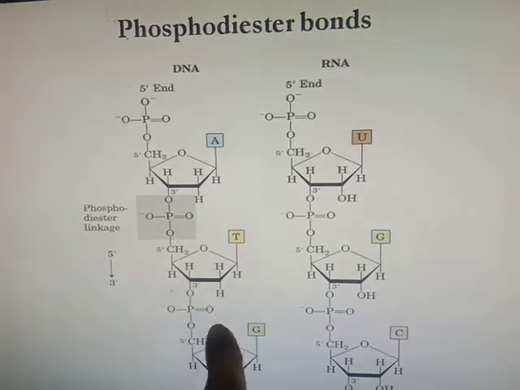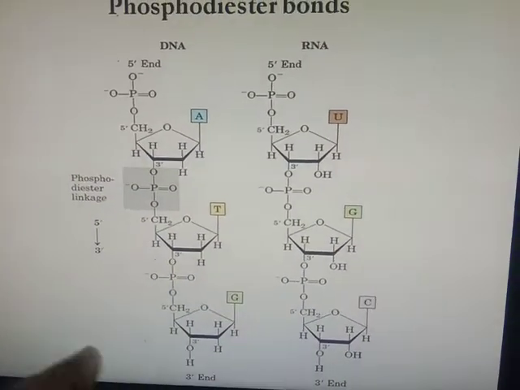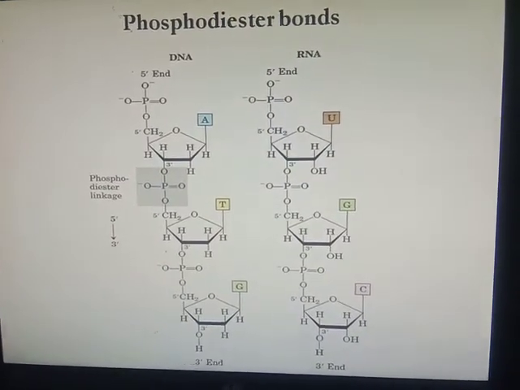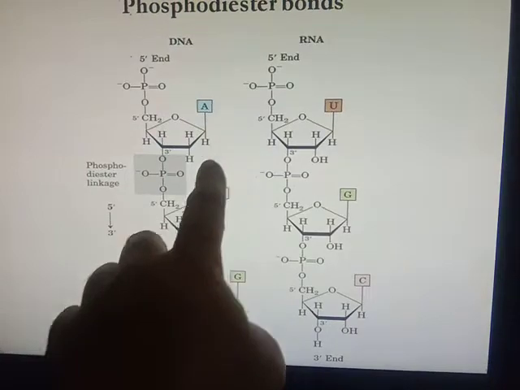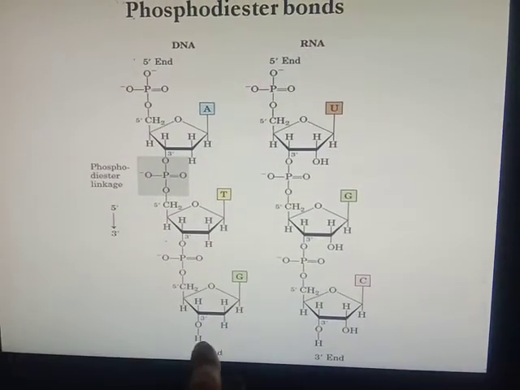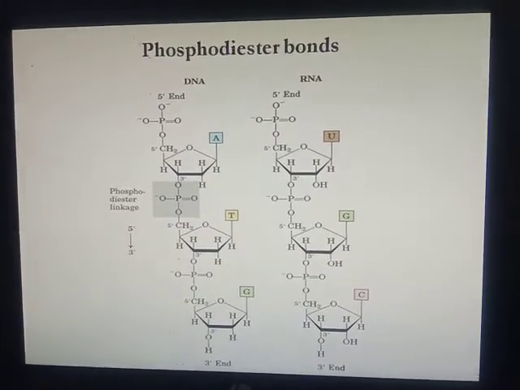Likewise, a number of nucleotides will link to each other and form DNA or RNA, which are polymers of nucleotides. So this is one nucleotide, this is the second nucleotide, this is the third nucleotide. Likewise, the number will go on and it will form the polymer.